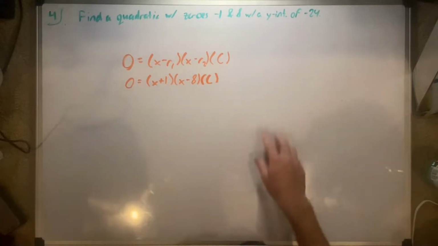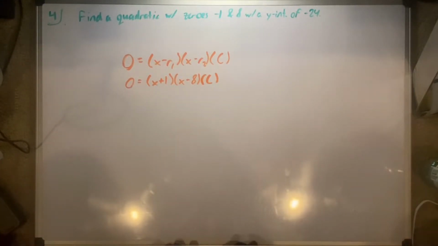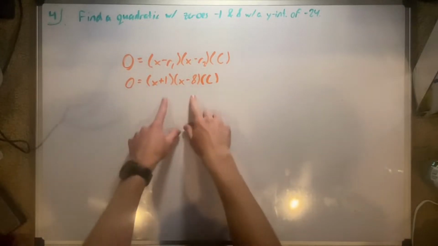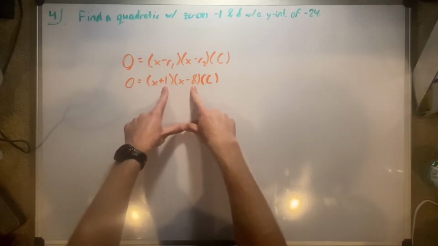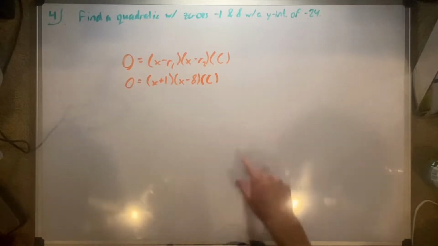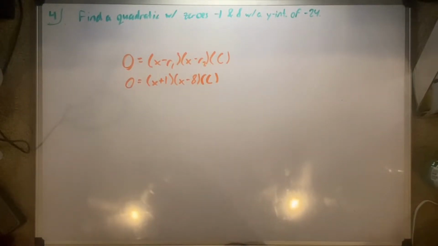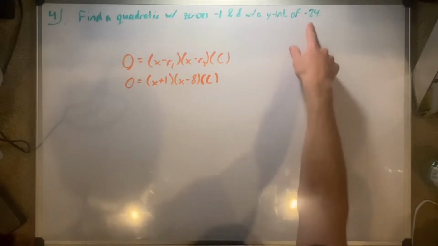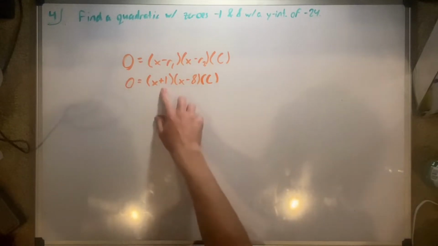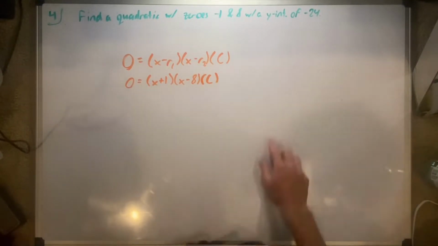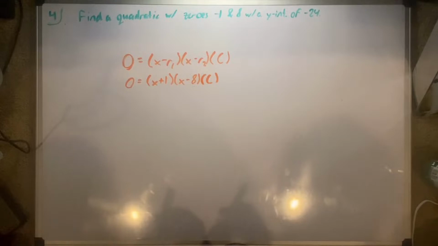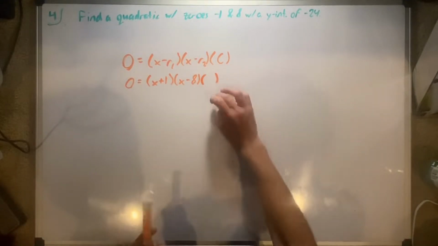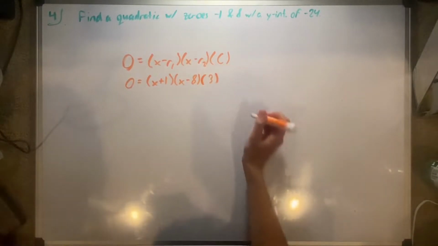It wants us to have a y-intercept of -24. So we know that whatever these two numbers will be multiplied by is going to be the number on the very end, and we know that the number on the very end is the y-intercept. So we're going to set this c equal to a number that would make it equal to -24. Well, 1 times -8 is -8, times 3 is -24. So that means we're going to set our c value equal to 3.